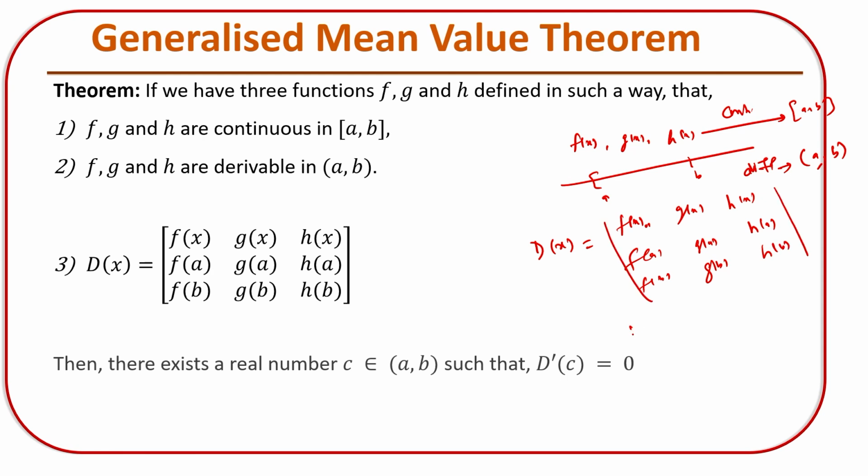Then there exists at least one c belonging to the open interval (a, b) such that D dash of c is equal to 0. This is a determinant of a square matrix.